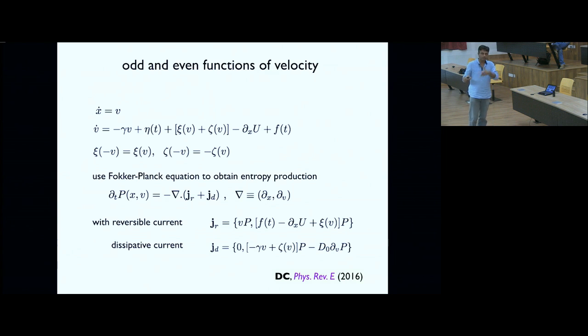Then I go through the same steps. You will see that the reversible part of the current will have the even function of velocity sitting here. And the odd part, like the minus gamma v, goes in the dissipative part of the current.